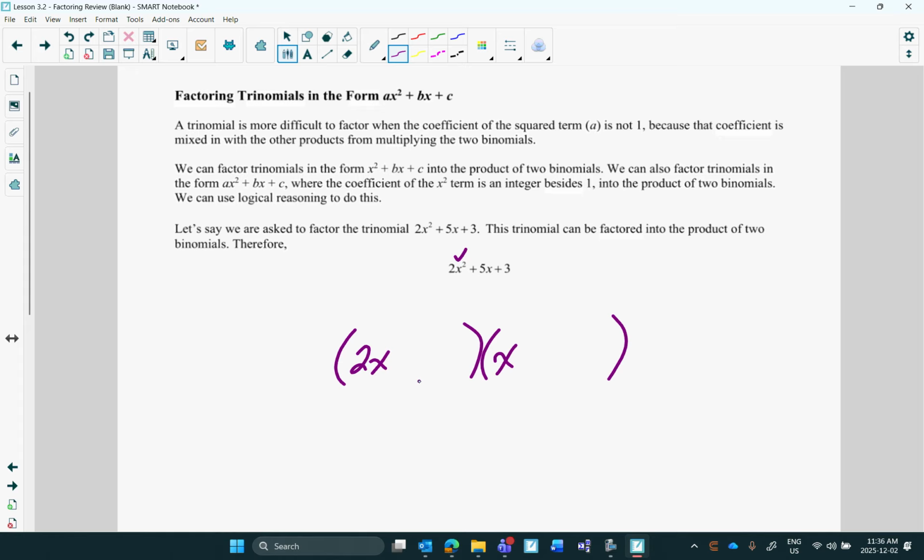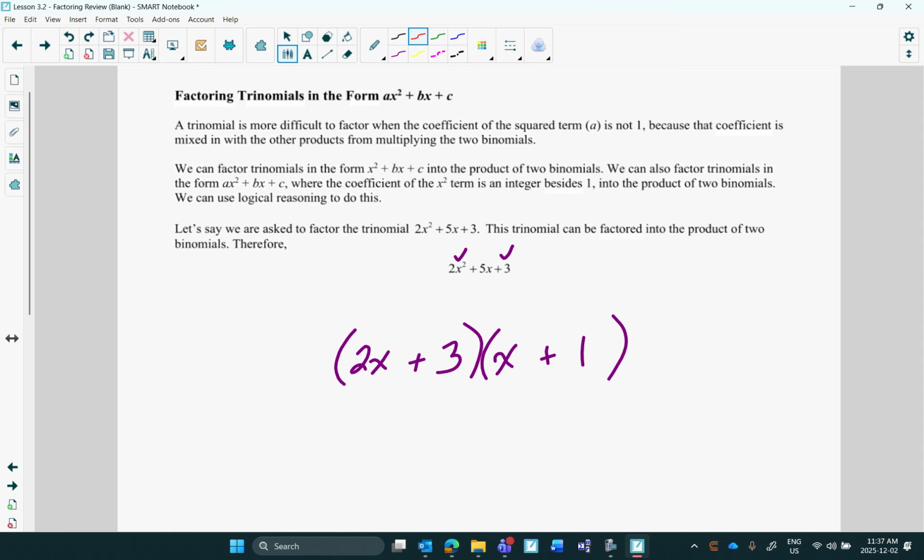And since everything's plus, that means both numbers have to be plus. So I'm just going to do this, plus 3 plus 1. I could have done plus 1 plus 3. But I don't know if this works yet.